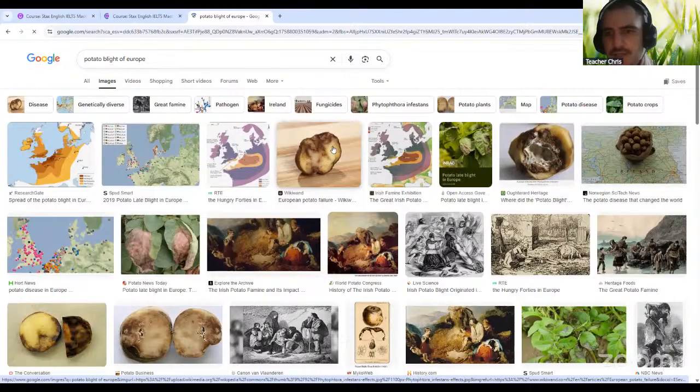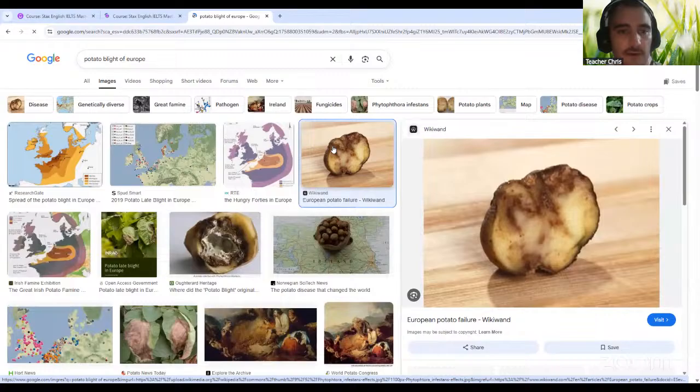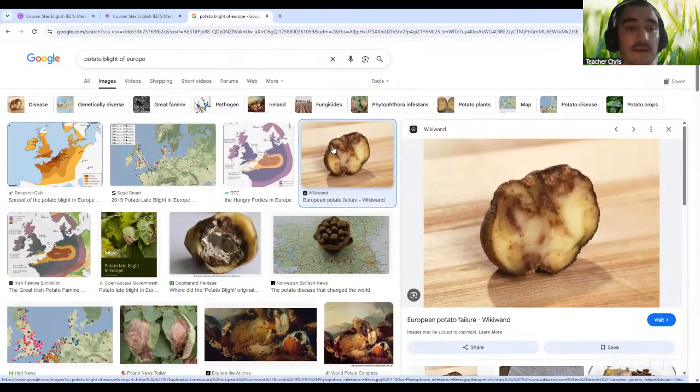Now this fungus spread all over Europe very, very quickly because potatoes, which originally came from South America, were brought over to Europe, and we loved potatoes because you could grow them very easily. They provided nutrition and lots of calories. So we could make lots of food in a very small space.